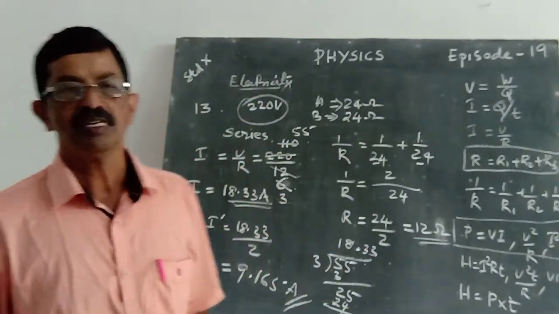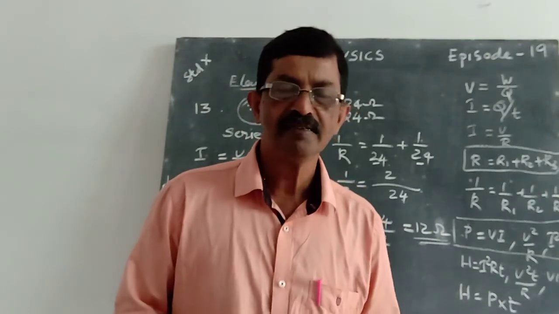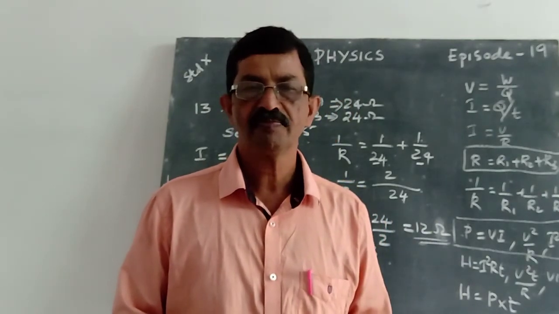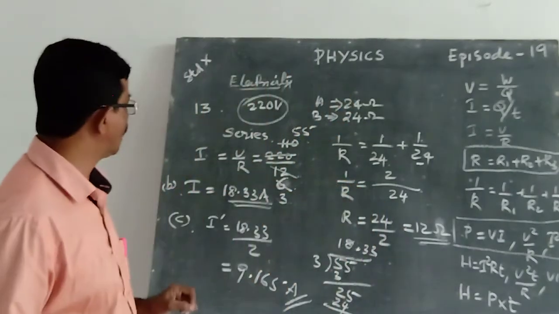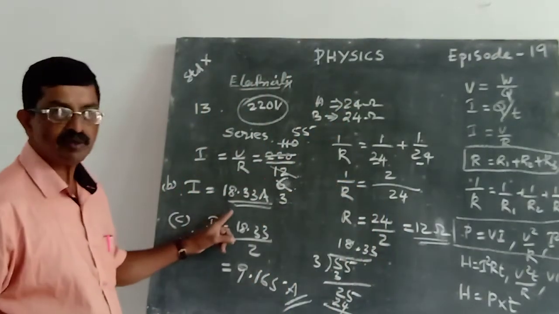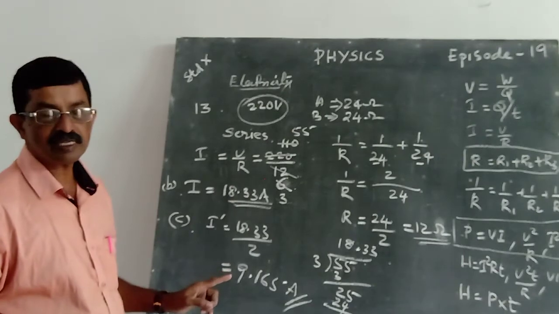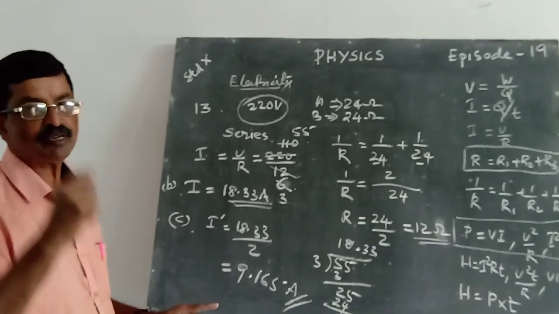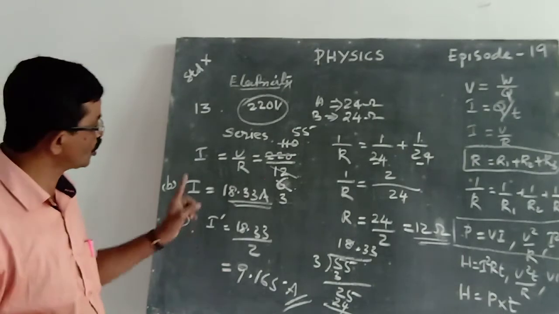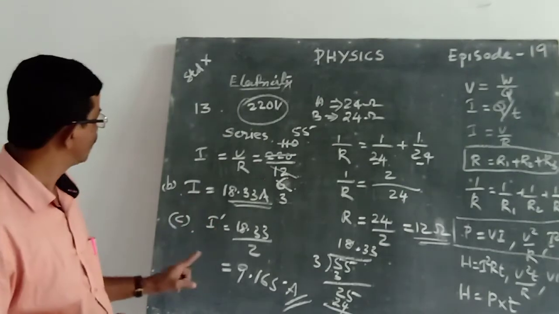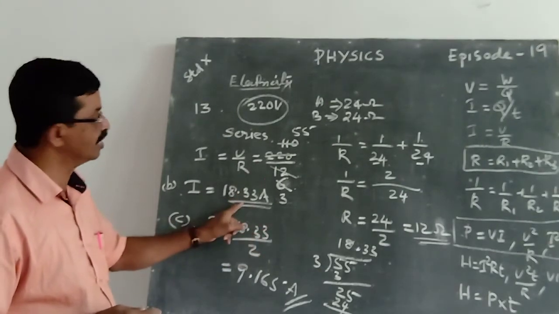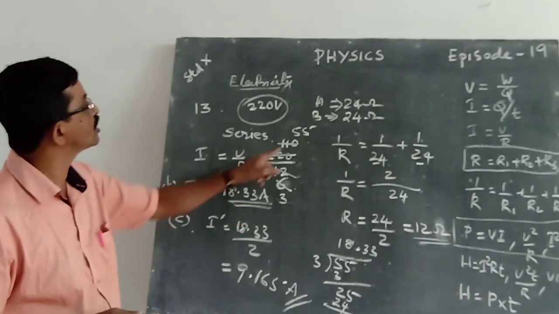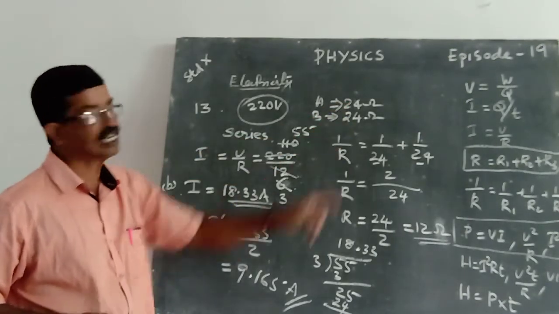We know when the resistors are in parallel, the current through each of them will be V by R, where R is the resistance of each of them, because the potential difference there will be the same. So the total current splits into two, because the resistance of these two are equal.